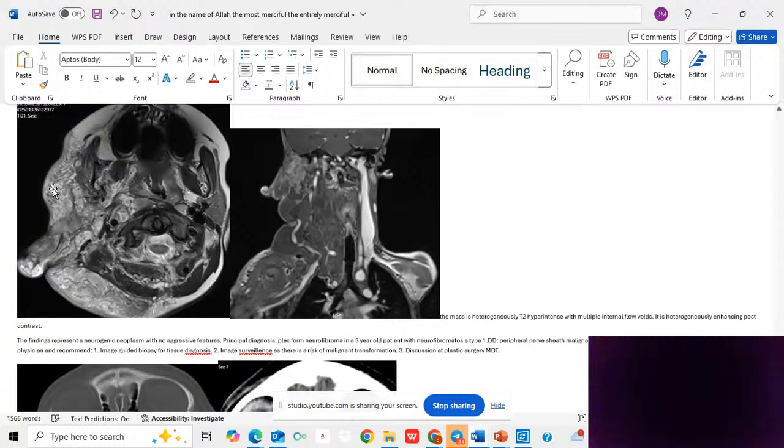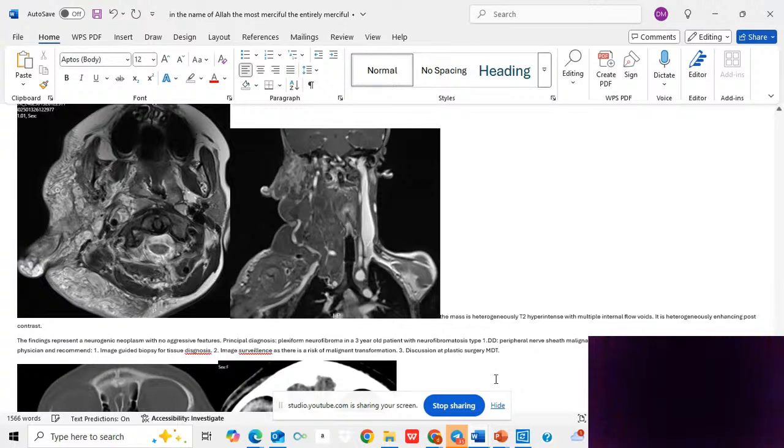Okay, if you leave these lesions like this, you need image surveillance of these lesions, as there is a risk of malignant transformation, but the mainstay treatment is with plastic surgery. So the third thing you need to recommend is discussion at plastic surgery MDT. These lesions need to be removed as there is a risk of malignant transformation.